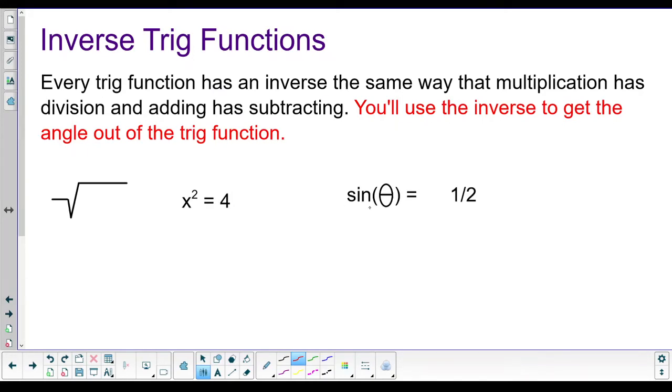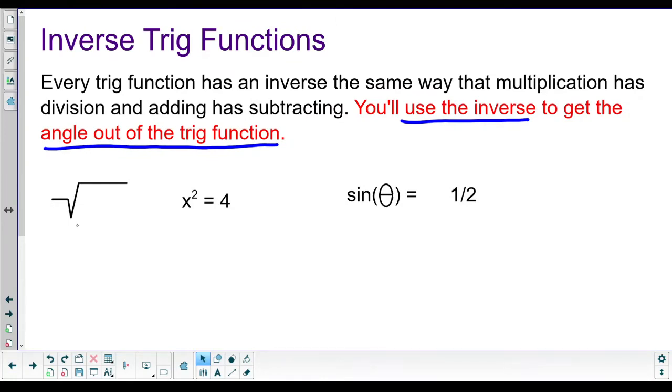So trig functions have an undo button, and what we do with trig functions is we plug angles into them to get ratios of sides. So if I give you a ratio of sides, there should be an undo button to go back and figure out what the angle is. So you use the inverse trig function to take the trig off of the angle and get the angle by itself.